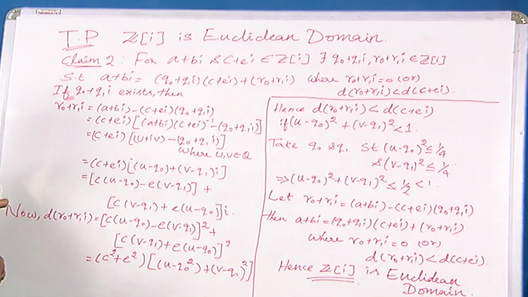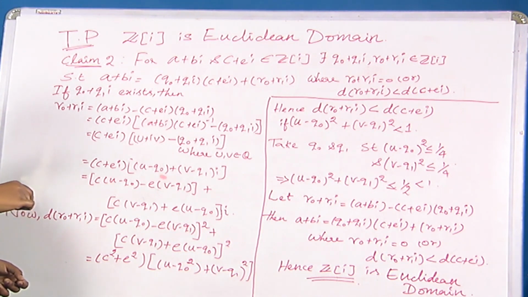Now let us apply the function d. We already have defined the function to be d of a plus ib is equal to a squared plus b squared. So when we are applying it here, d of r naught plus r1 I will become the square of this term plus square of this term. So you can write it like this itself, [c(u minus q naught) minus e(v minus q1)] the whole square.